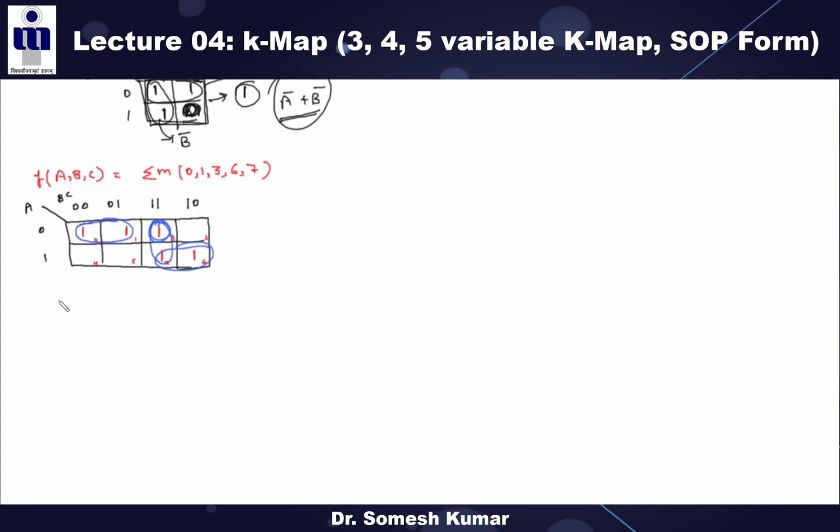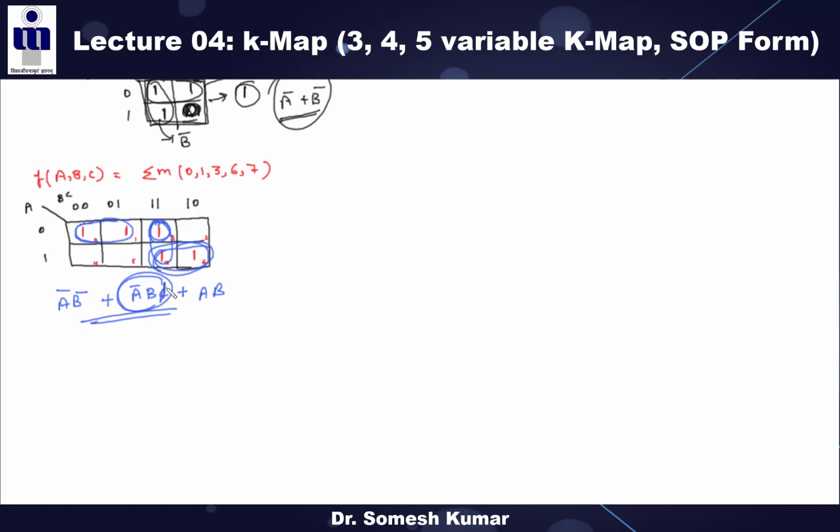So that's why I told you K-map can give multiple solutions. Now from this first pairing, what is the solution? This is A bar B bar, and from the single term, what is the function? A bar BC, and from this third pairing, what is the function? AB, right? Clear? Here we have to use extra gates, right?